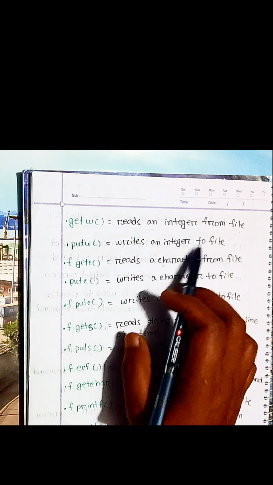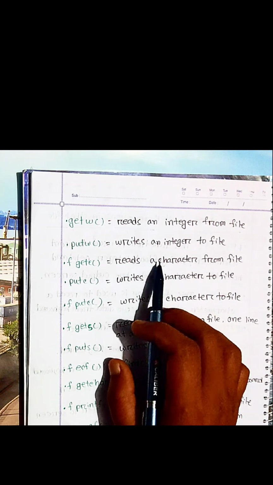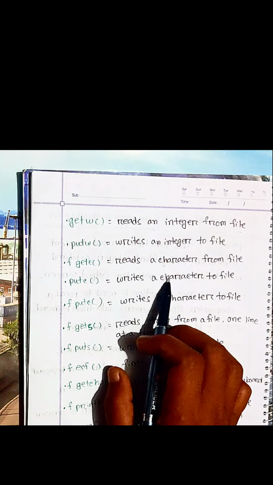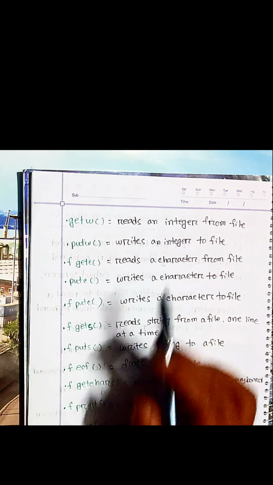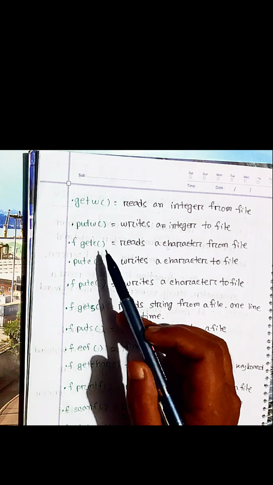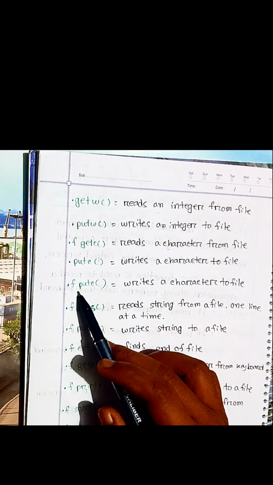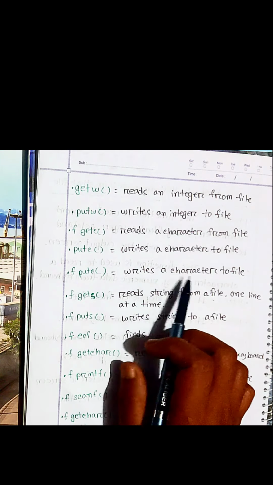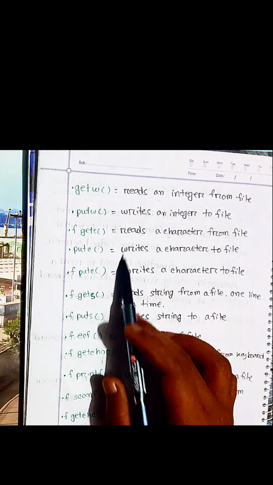Okay, here's something missing, no problem. fgetc reads a character from file, and fputc writes a character to file. It will write a character and you can read a character using fgetc. Yeah, it means you can get input by this one. Okay, now fputc writes a character to file. They are similar.